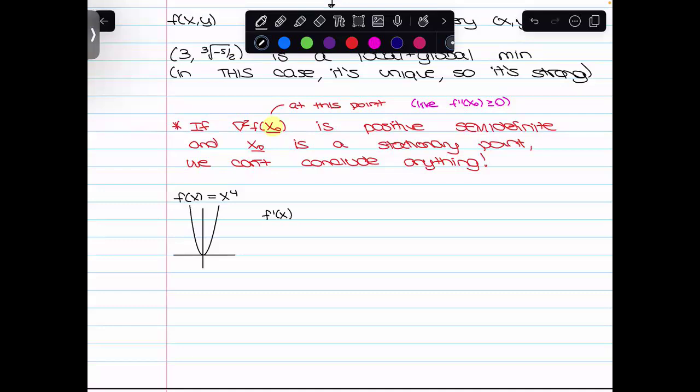Because f prime of x is 4x cubed, f double prime is 12x squared. In both cases, when you plug in 0, you get 0. And my point is that without knowing the graph, this by itself doesn't guarantee anything.